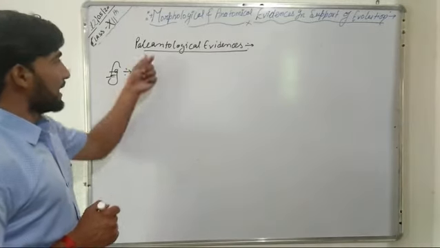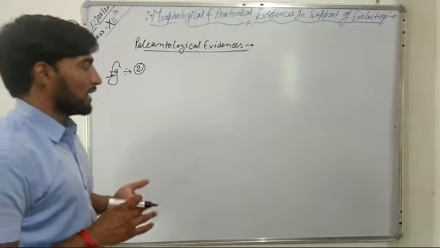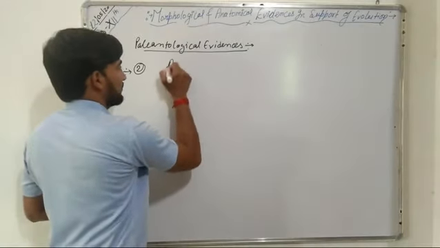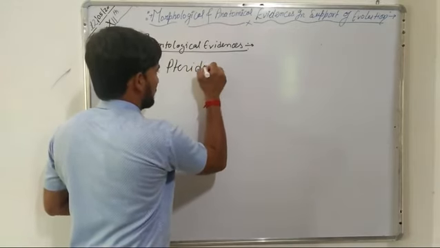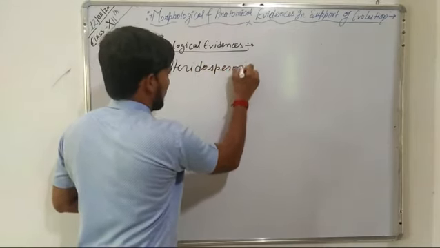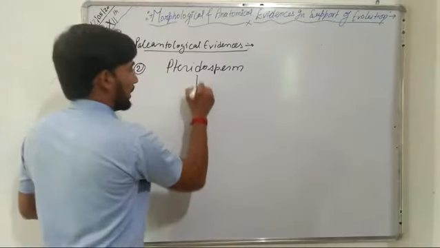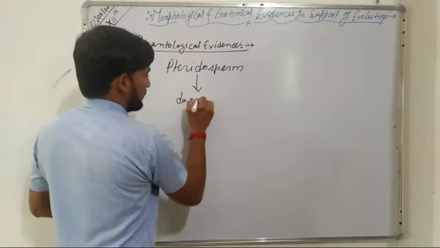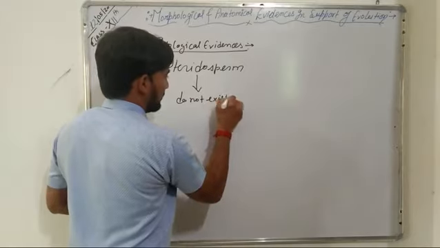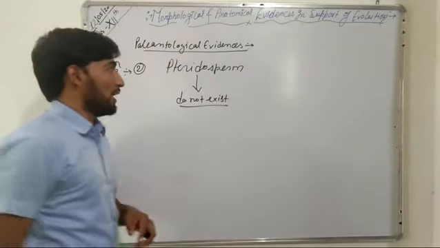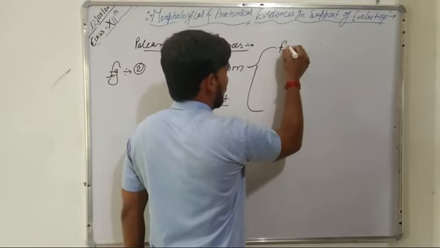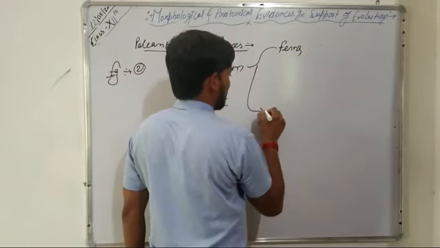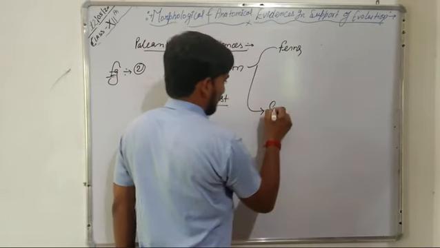Now, the second example of these paleontological evidences is pteridosperms. These are plants which do not exist at present, but they share the characteristics of ferns and gymnosperms.